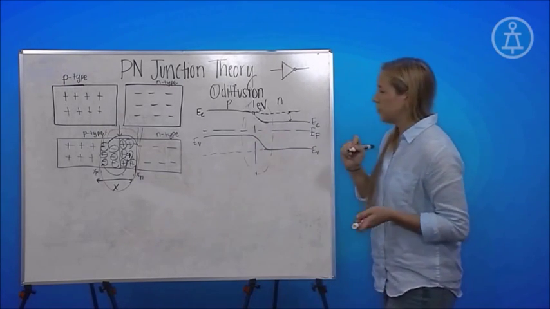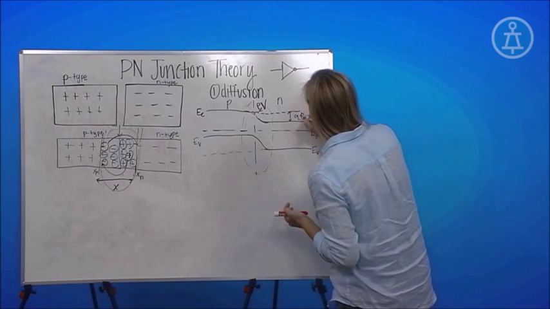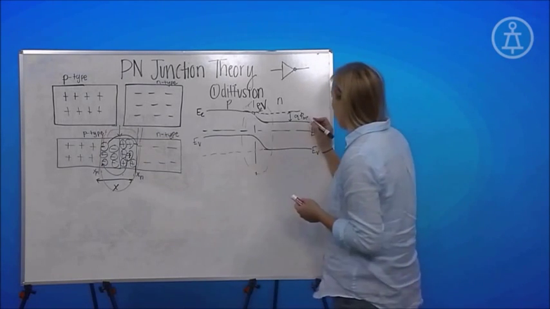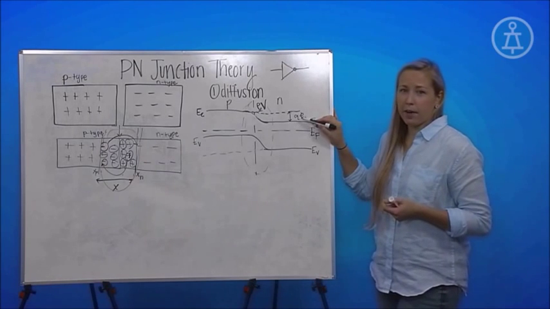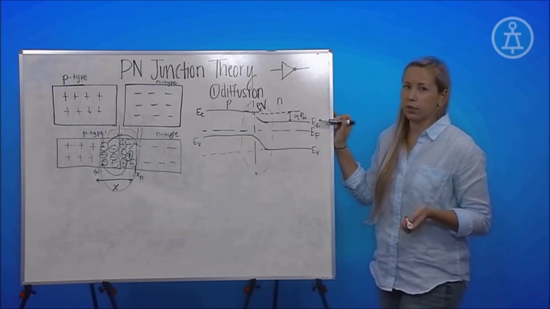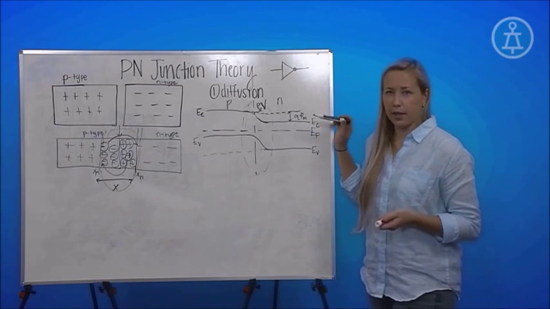So first, let's just look at one case where we look at the difference in the conduction bands. And this is Q phi BI. Phi BI is normally denoted as the potential for the built-in voltage. And Q, again, is the electron charge.